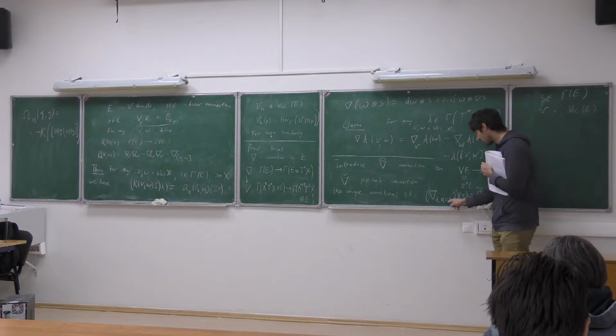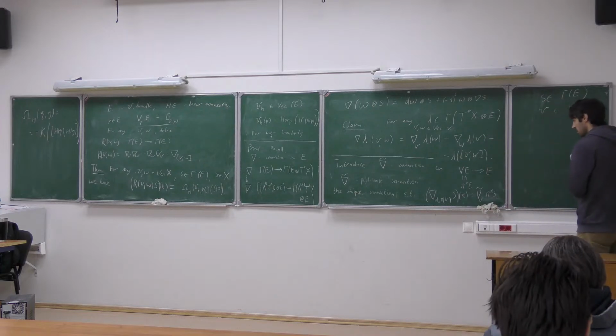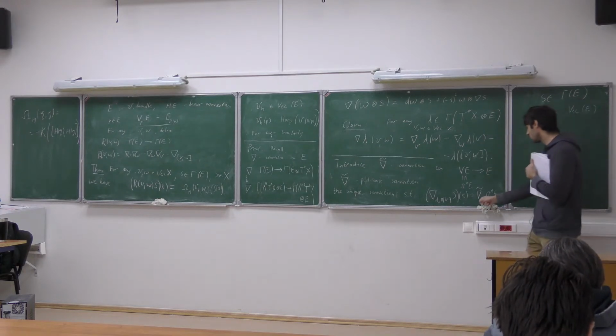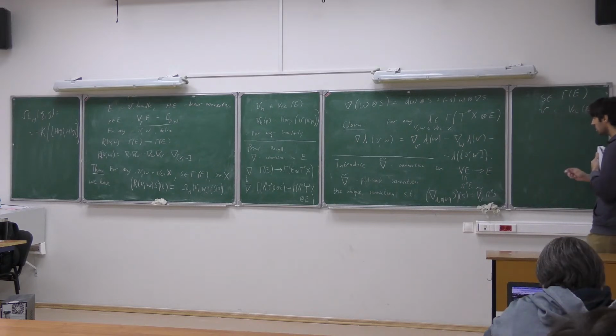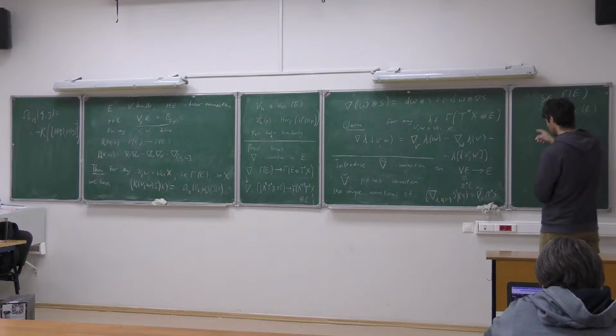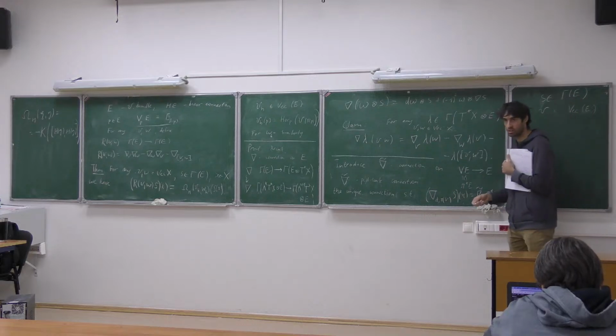So this is really V at point X, and then I apply d x p to it. And V is a vector field on E, and here should be V of S of X.